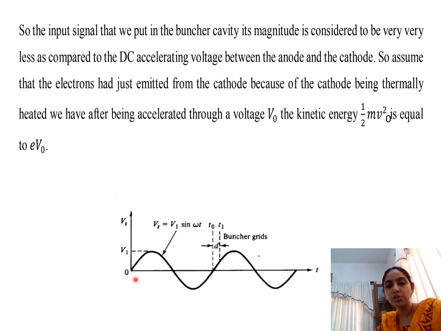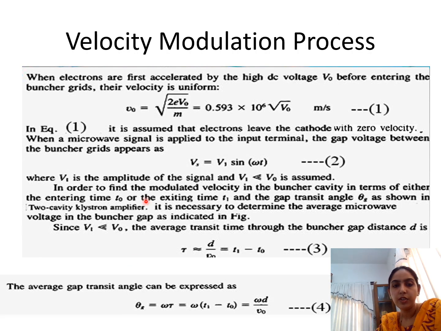The figure here shows the signal voltage in the buncher gap. We have seen in the last slide that the potential energy will be equal to the kinetic energy. From this we can write the initial velocity of the electrons, v0, is equal to root of 2 e V0 by m. The electrons are first accelerated by a high DC voltage V0 before entering the buncher grids or buncher cavity, so the velocity is uniform.